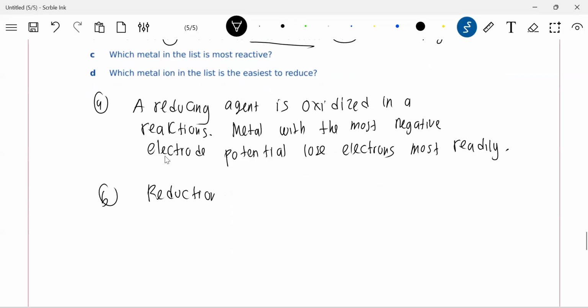So the concept is that reduction is the gain of electrons.